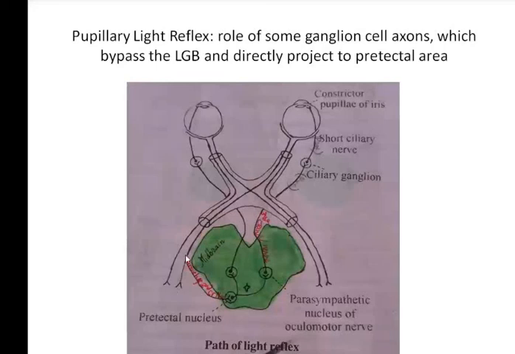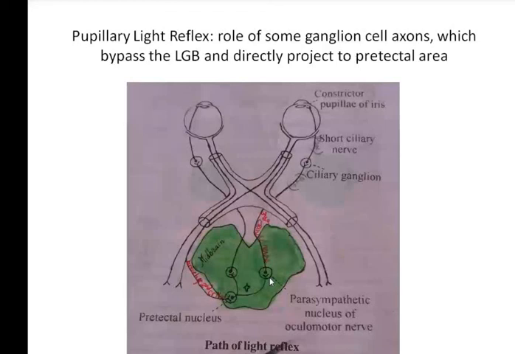Some of the fibers bypass the lateral geniculate body and terminate on the pretectal nucleus. From the pretectal nucleus, the information goes to the Edinger-Westphal nucleus, the parasympathetic nucleus of the oculomotor nerve, on the same side.